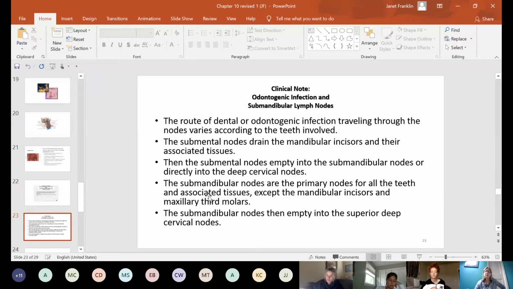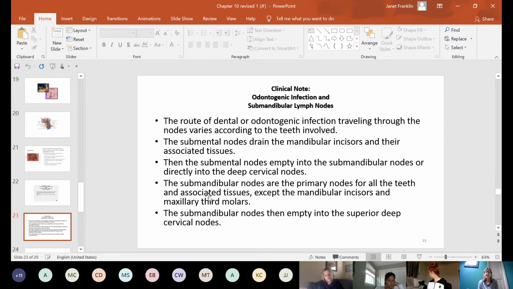So dental infections are called odontogenic infections. The route of travel through the nodes varies according to the teeth involved. The submental nodes drain the mandibular incisors and the associated tissues. So right down here. And again, if you had a lesion of some kind on your gum tissue down here, it would be the same thing.